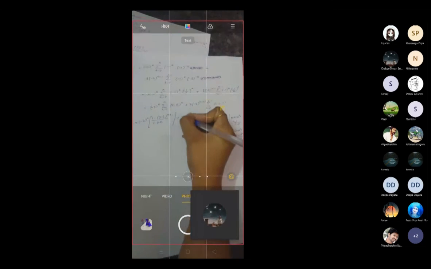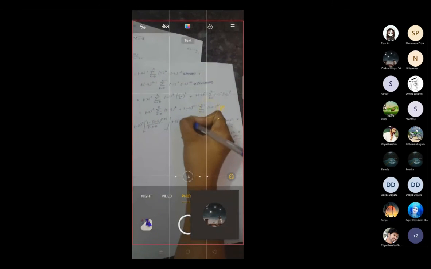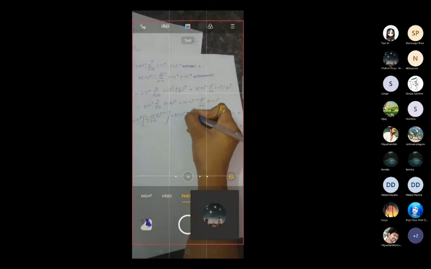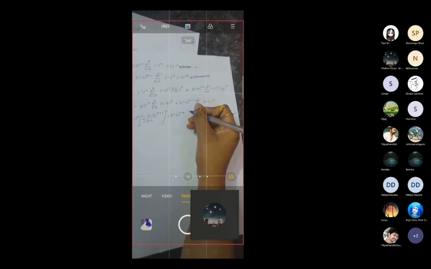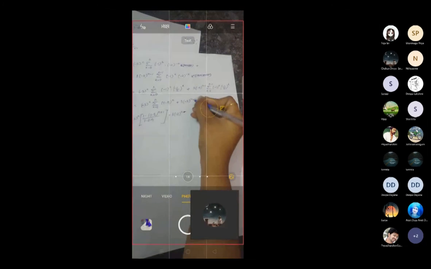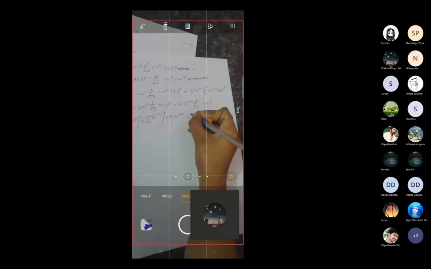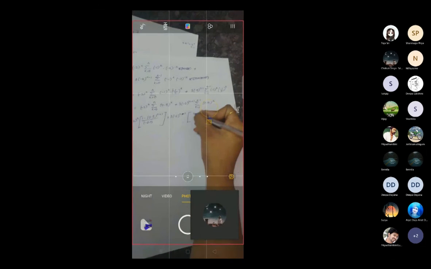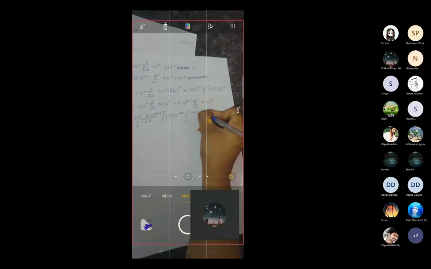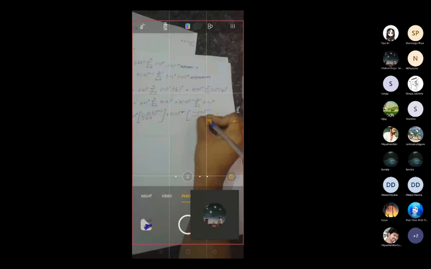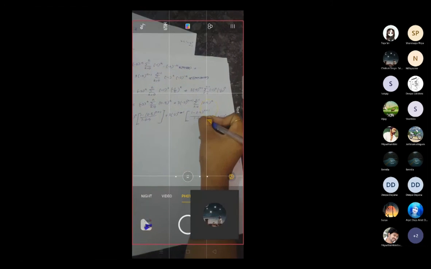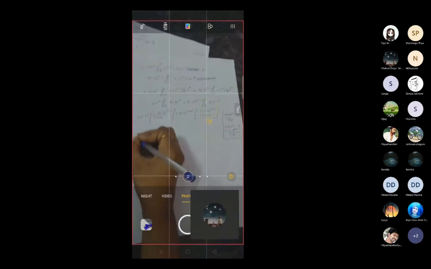So same thing here also. 3 into (-2)^(n-1), and the summation will be (1 minus 0.5^(n+1)) divided by 1 minus 0.5. Okay.